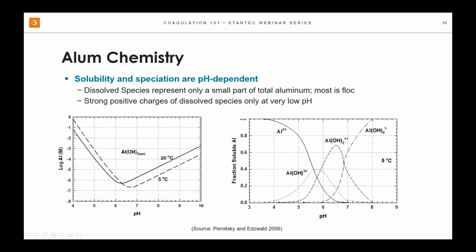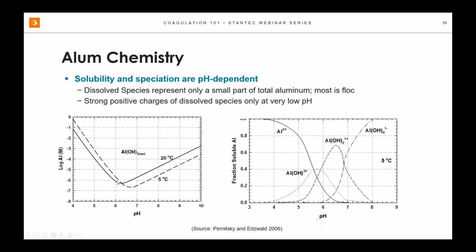So if you drop the pH down to very, very low levels, the amount of dissolved aluminum becomes quite high. And this is why, if you want to do a total aluminum analysis on a water sample in the lab, you add acid and you preserve that sample down at pH 2 so that any solid particles strictly exist in the dissolved form, and you can measure them in your lab.